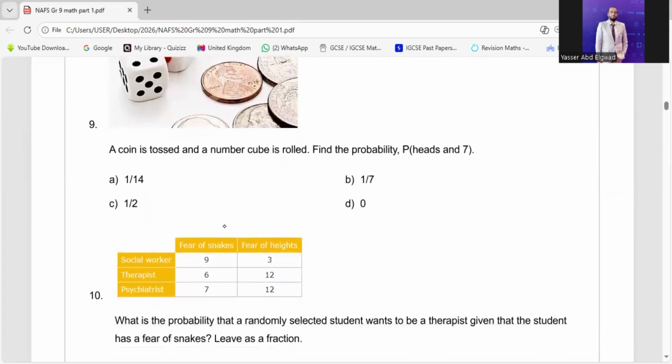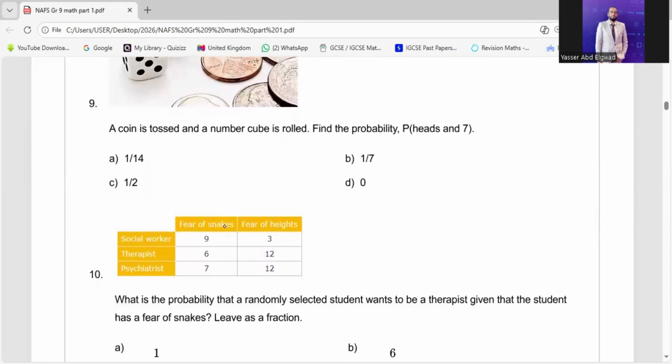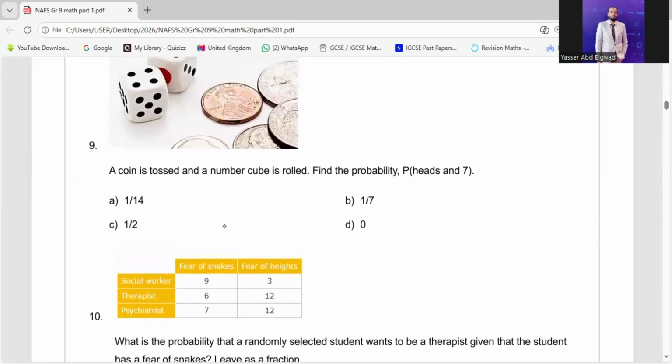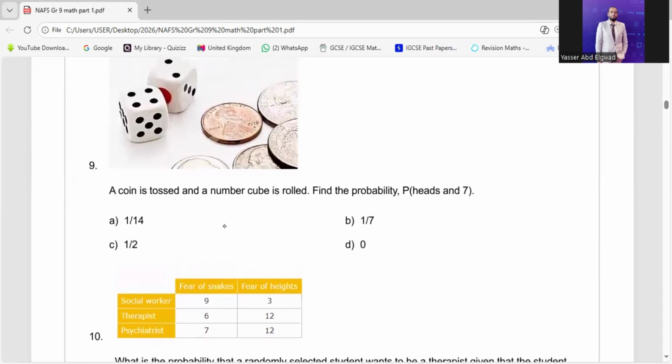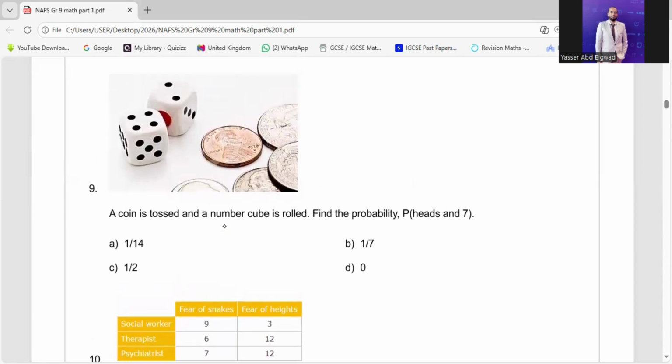The next one, number 9. A coin is tossed and a number cube is rolled. Find the probability of head and 7. How to solve? We have the probability of tossing a coin. We have a head or a tail.